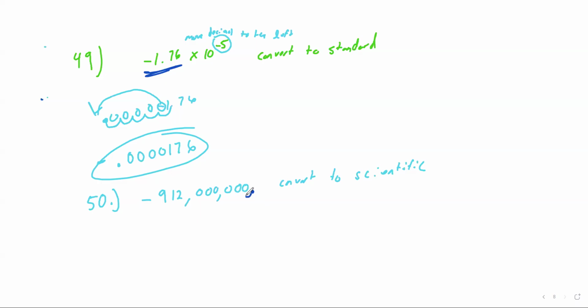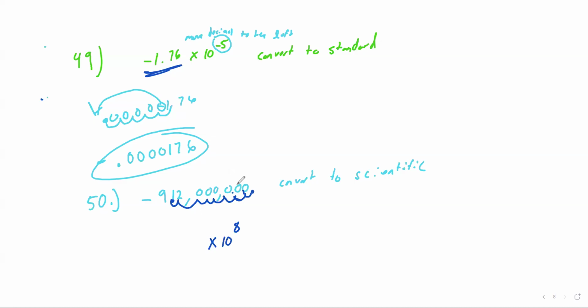So here we go: 1, 2, 3, 4, 5, 6, 7, 8. That means my number is going to be times 10 to the positive 8th power.